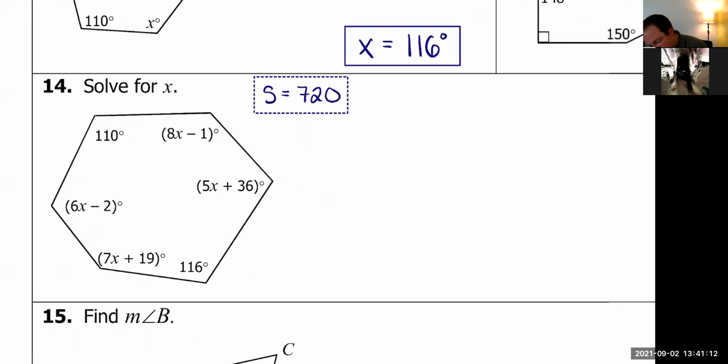Should. So I'm just going to start at the 8x minus 1. That's one of my angles. And I'm going to work my way around clockwise.